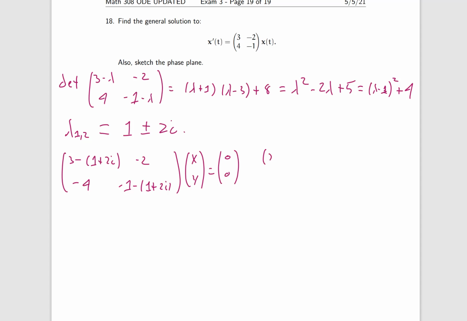So this is (2 minus 2i)x minus 2y is equal to 0. And in the bottom, we have minus 4x. Okay, minus 1 minus 1, so we'll write plus minus 2 minus 2i, y is equal to 0.